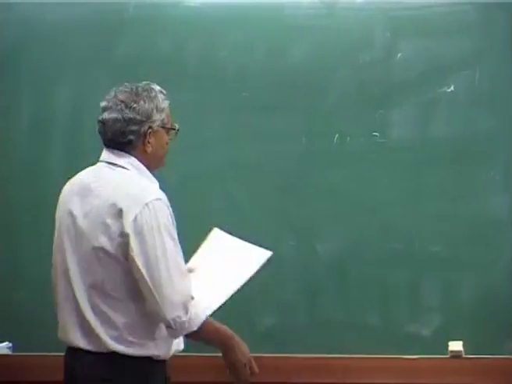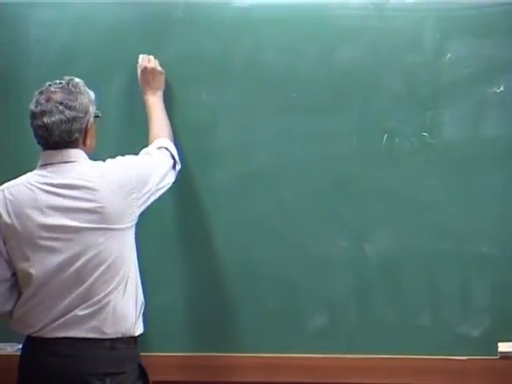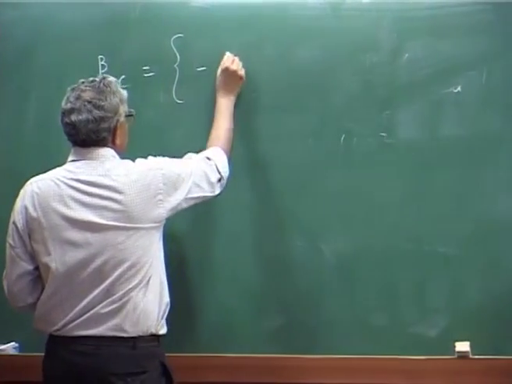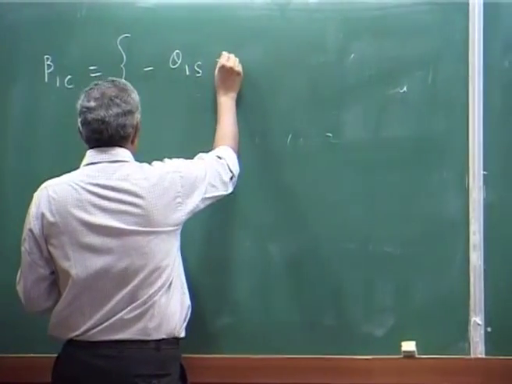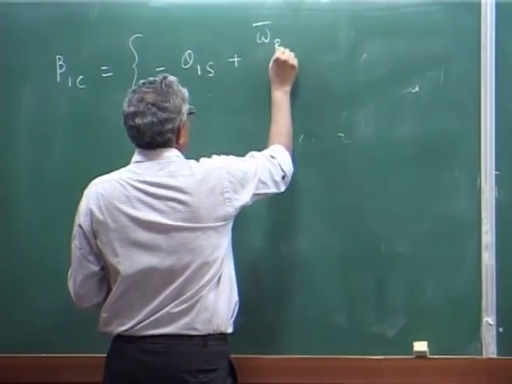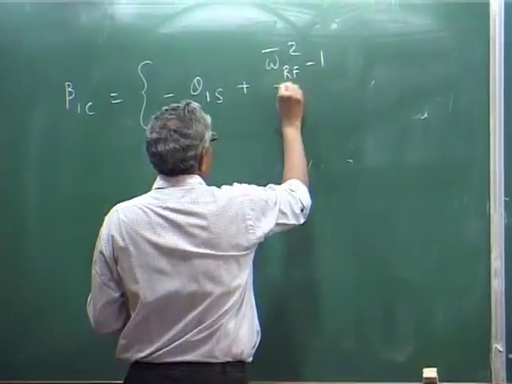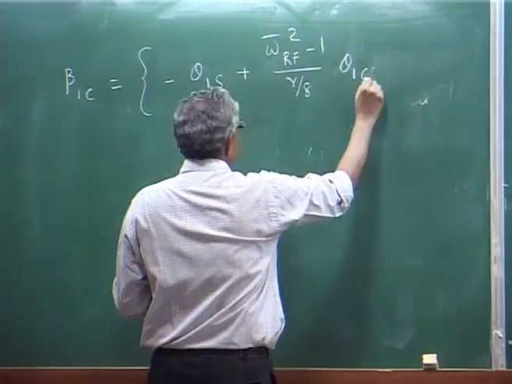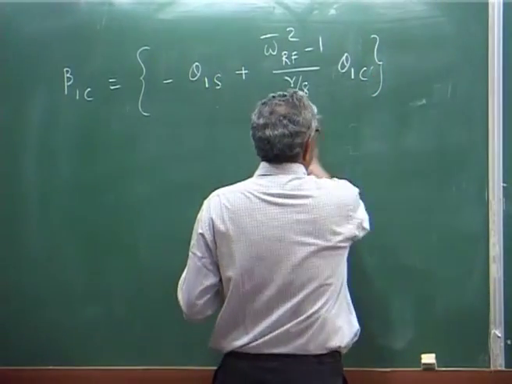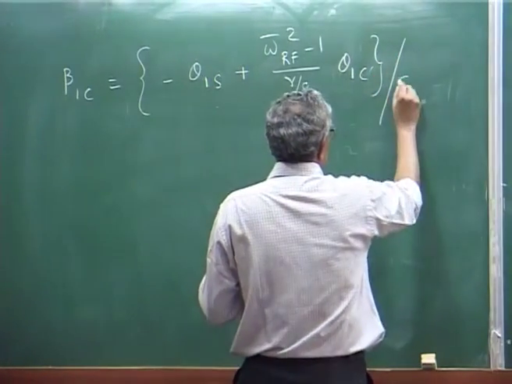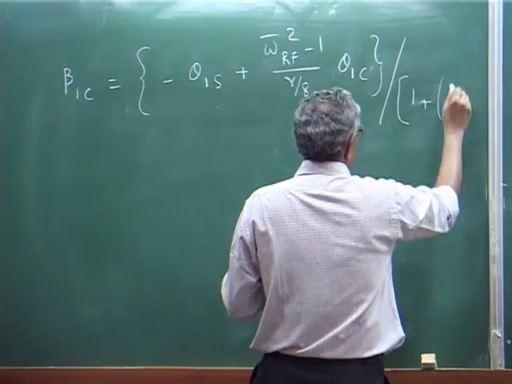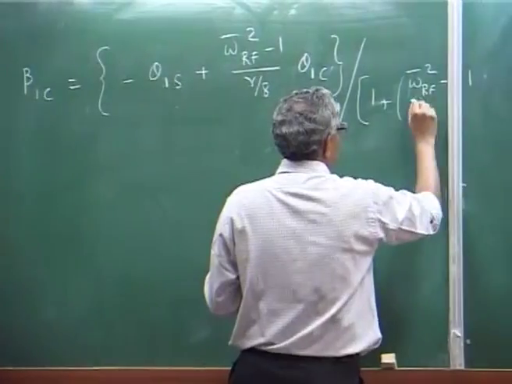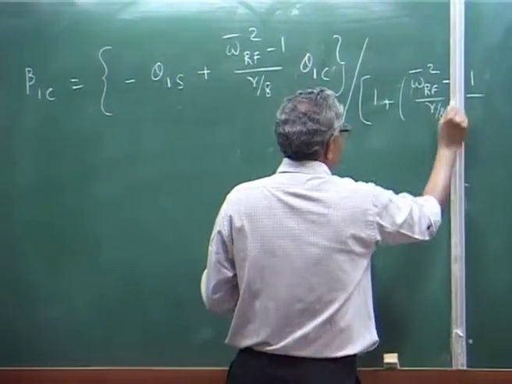And if you can solve this, I am just writing this result: beta 1c becomes minus theta 1s plus minus 1 over gamma over 8 theta 1c, divided by 1 plus omega bar RF square minus 1 over gamma over 8.